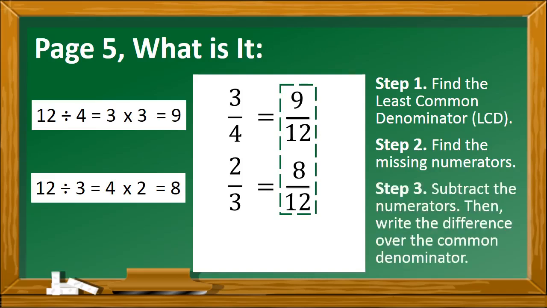Step 3. Subtract the numerators. 9 minus 8 equals 1. Write the difference over the common denominator. The common denominator is 12.